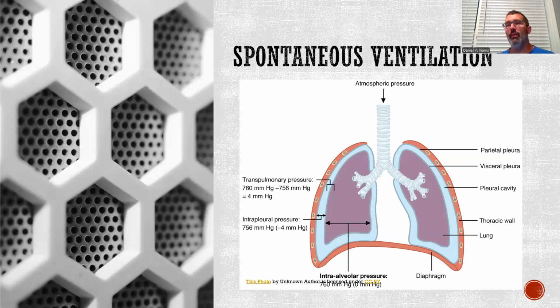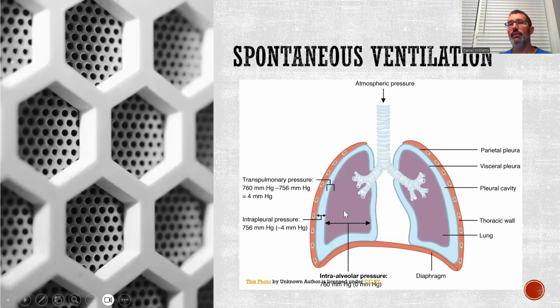So when we think about what it takes for air to get in, how do we generate a negative pressure, a pressure difference, so that flow can occur? You allow the diaphragm to contract. This big dome-shaped muscle underneath the lungs contracts, and when it does, it essentially creates a vacuum inside of the lung, a negative pressure.